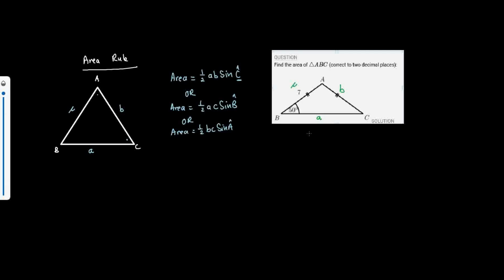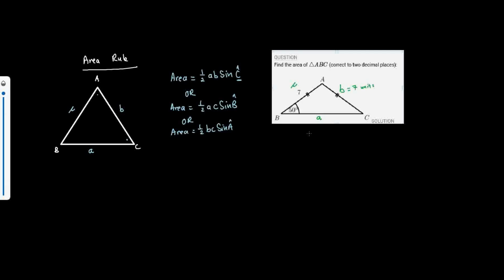It's going to be 50 degrees, which is angle B. By the way, side B is not an angle, it's a length. What's the length of variable B? The length will be 7 units. They did not specify whether it was meters, centimeters or millimeters, so we're just going to use units.